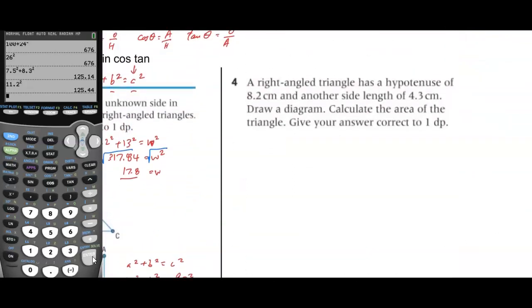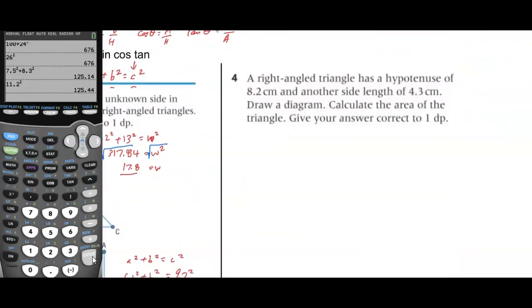Number 4, a right-angled triangle has a hypotenuse of 8.2 and another side length of 4.3. Draw a diagram, calculate the area of the triangle, give your answer correct to 1 decimal place.